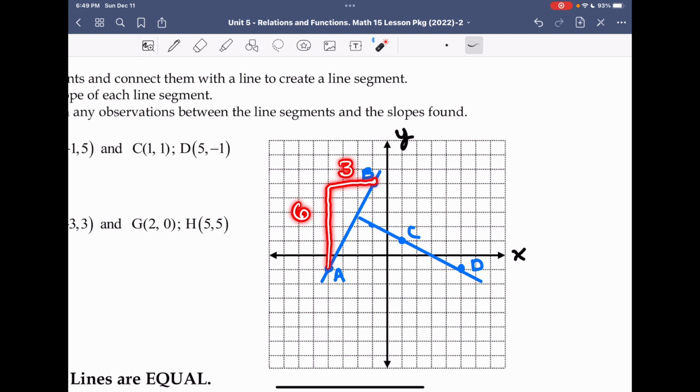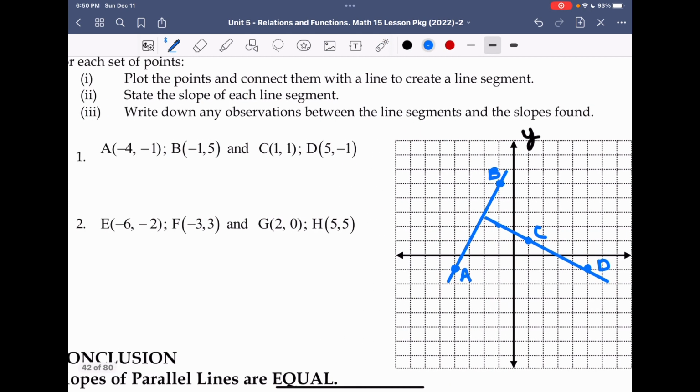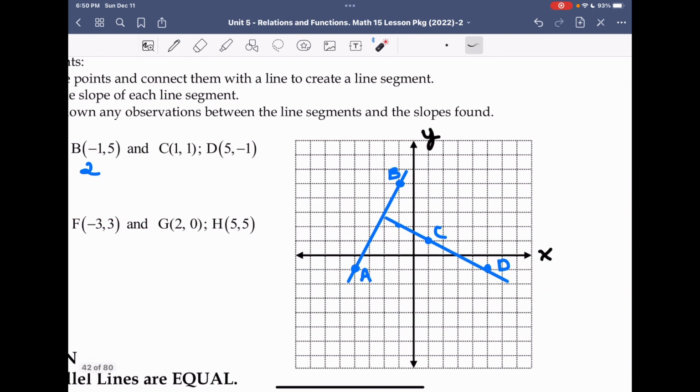We know if it's left to right increasing that the slope is going to be a positive value, and more specifically, my slope is equal to rise over the run, which is equal to 2. So I'm going to write this down off to the side that we have a slope value of m is equal to 6/3, which is equal to +2. Now I'm going to do the same thing with C to D. But C to D, I realize it's slightly different.